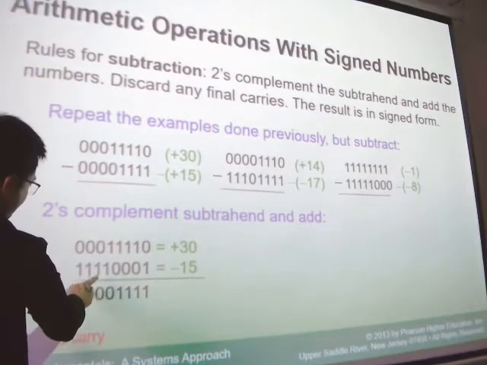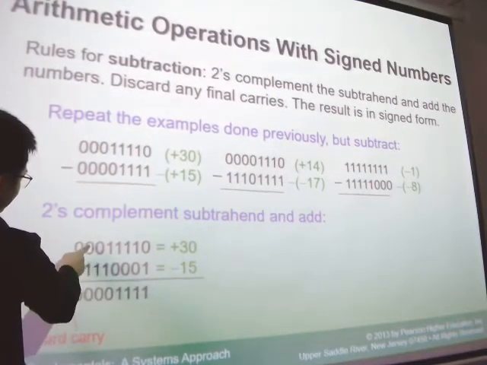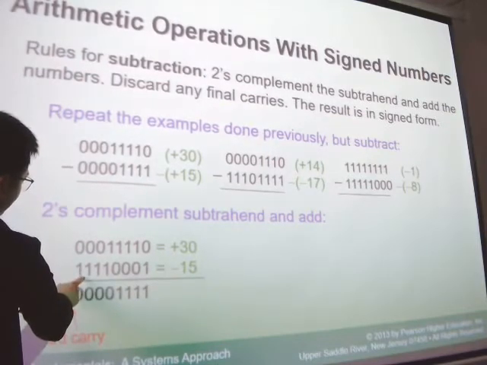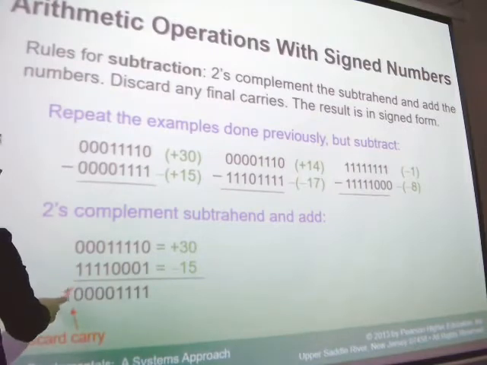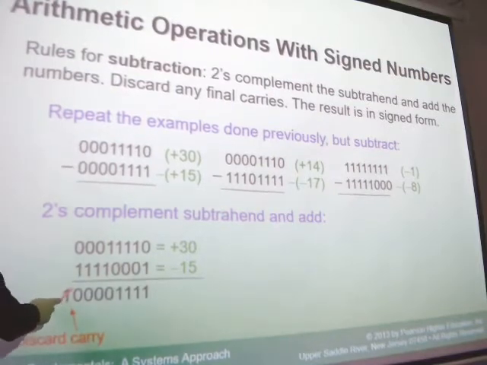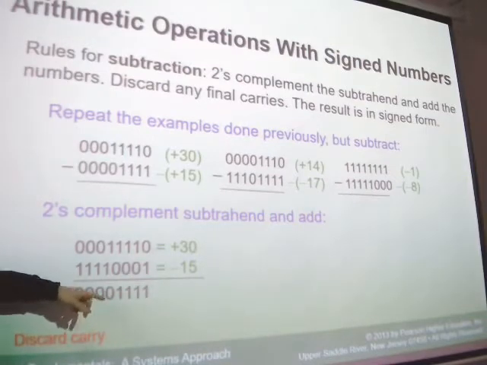Carry is 1. 1 plus 1 plus 0 is 0. Carry is 1. 1 plus 1 plus 0 is 0. And carry out is 1. But this carry should be discarded. So the result is 0, 0, 0, 0, 1, 1, 1, 1.